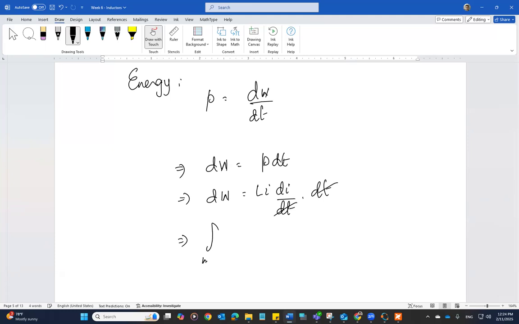We can assume that the initial work is W(t0) and then W at time t, dW. And then the initial current is I at t0 and then I(t).